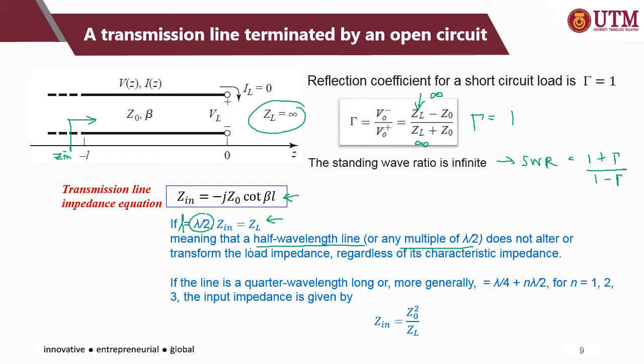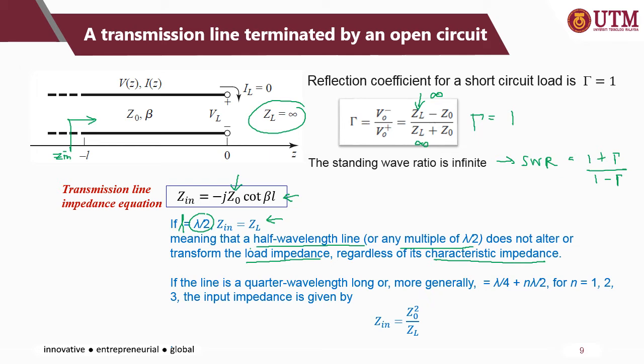So there's no load impedance transformation or any changes on the load, regardless of the characteristic impedance. The Zin will be equal to ZL, no matter what the characteristic impedance is, at L equal to lambda over 2.